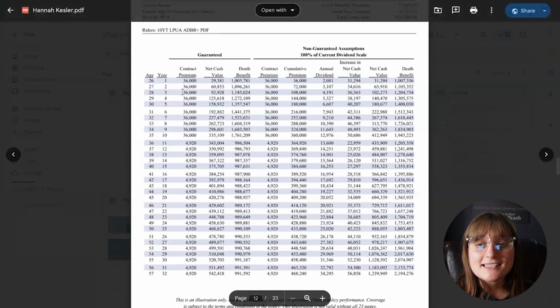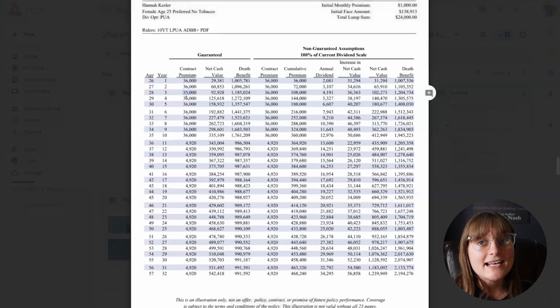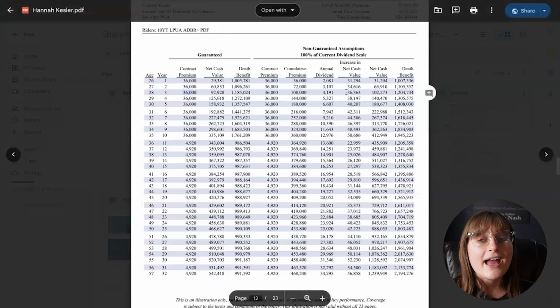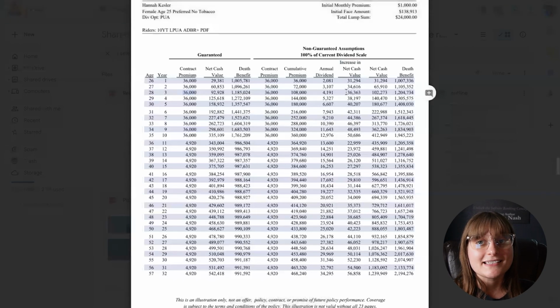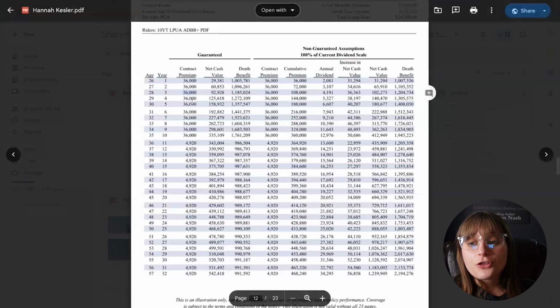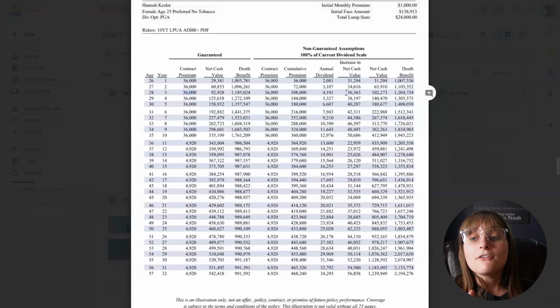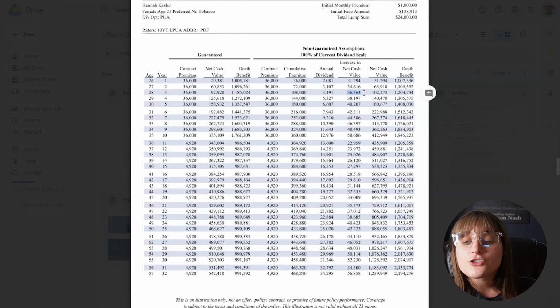Putting in $36,000, assuming I'm maxing out and doing my full $2,000 extra each month of my tip money, $36,000 goes in, and by year 3, you're already profiting more than what you put into the policy that year. 36 went in, and your cash is growing by 36,323.